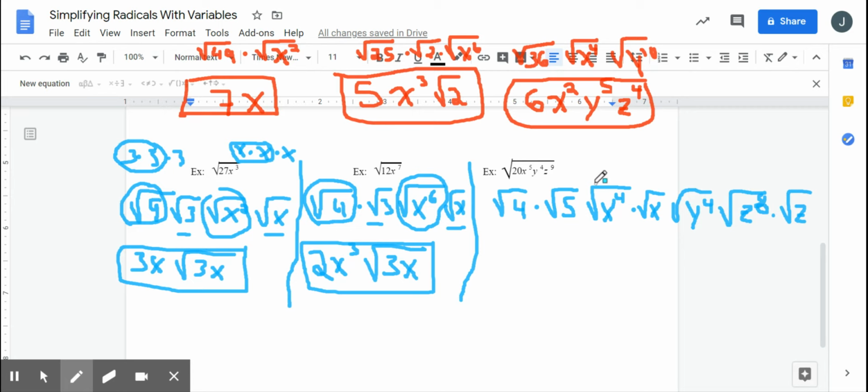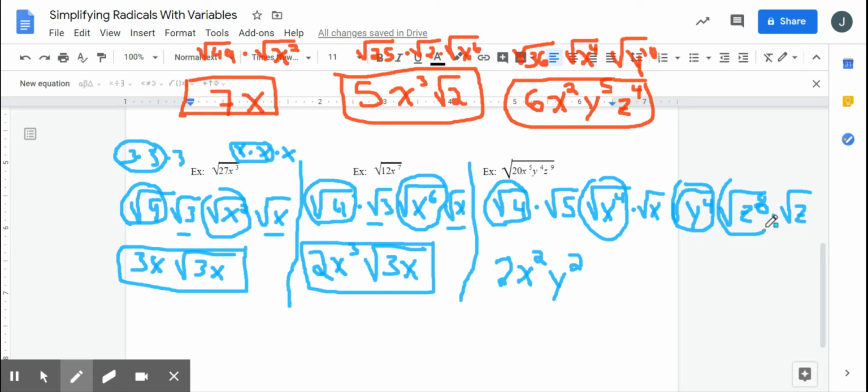So now I'm going to take all my perfect square factors out. Square root of 4 is 2. Square root of x to the 4th is going to be x squared. 4 divided by 2 is 2, so my exponent is going to be 2. I'm going to do the same thing here. Y to the 4th is going to become y squared.